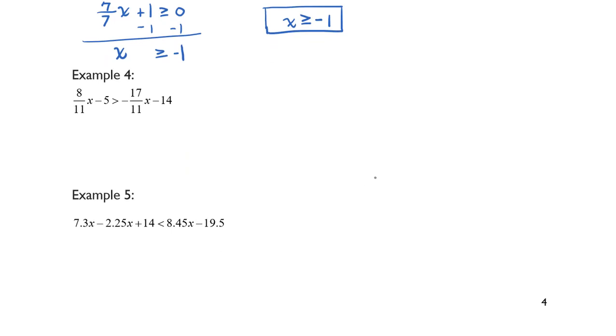In example 4, we have 8/11 x minus 5 is greater than negative 17/11 x minus 14. So we're going to bring all the x terms to the left side. This negative 17/11 x needs to come to the other side, so I'm going to add 17/11 x to both sides.